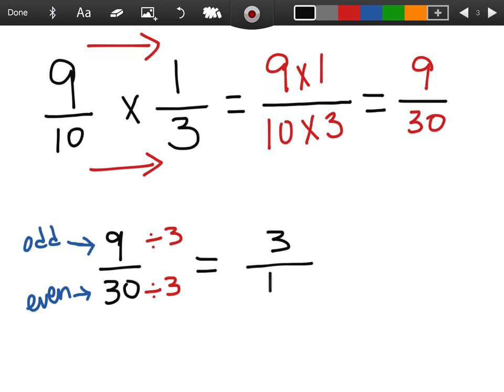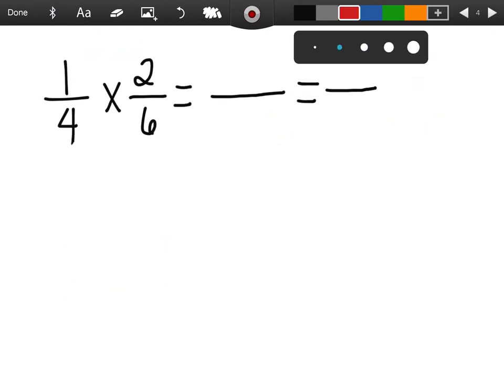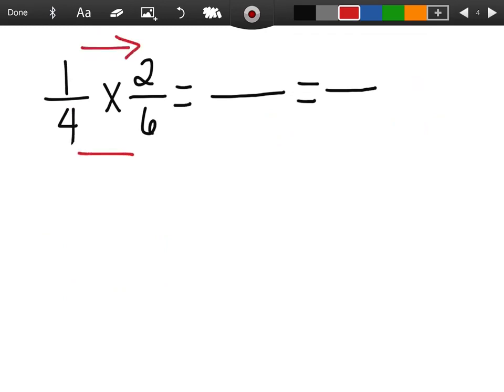If they're not, you have to find something else to divide them by, which in this case, like I said, is 3. So 9 divided by 3 is 3, and 30 divided by 3 is 10. I can look through. Is there anything I can use to make that smaller? Can't divide by 3, can't divide by 2, so it looks like I am done.